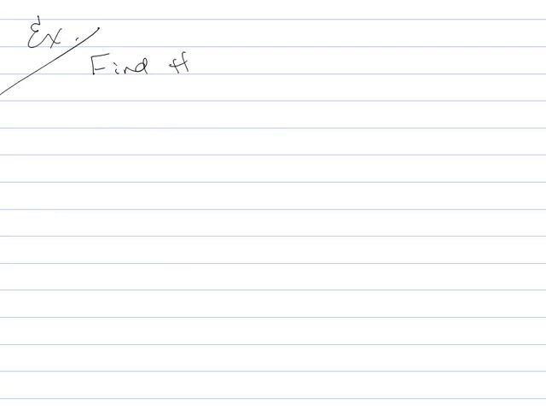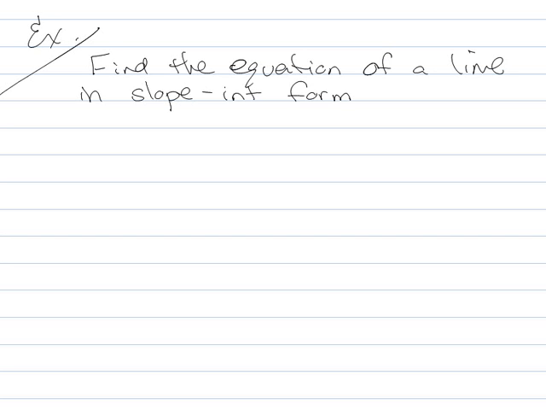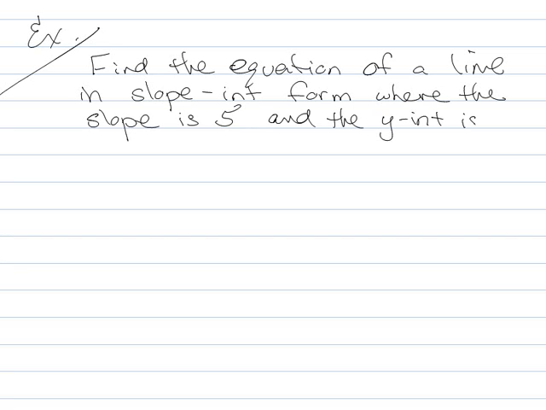All right. So you might have a problem like this. Find the equation of a line in the slope-intercept form where the slope is, oh, I don't know, 5, and the y-intercept is 3. We'll do 3. We always write our general form, y equals mx plus b.